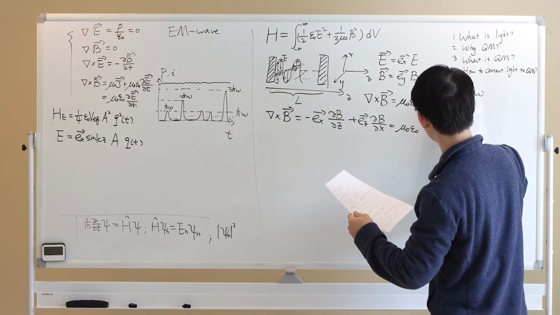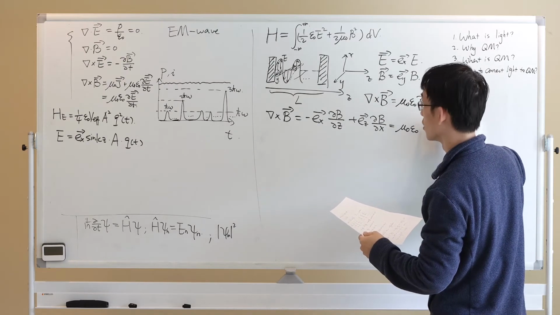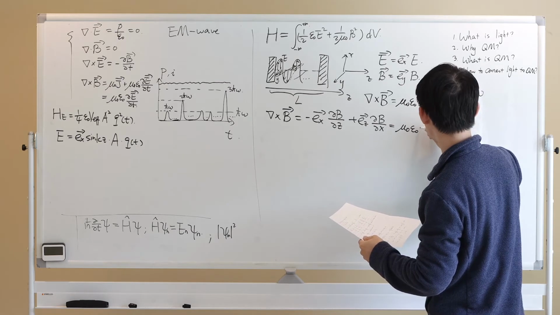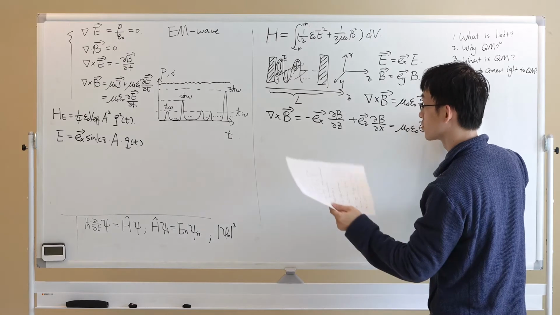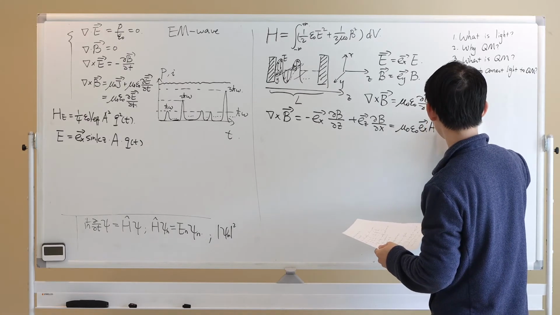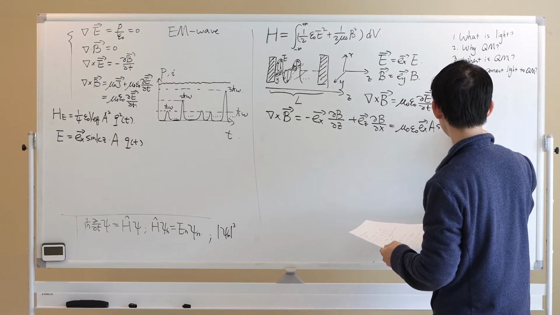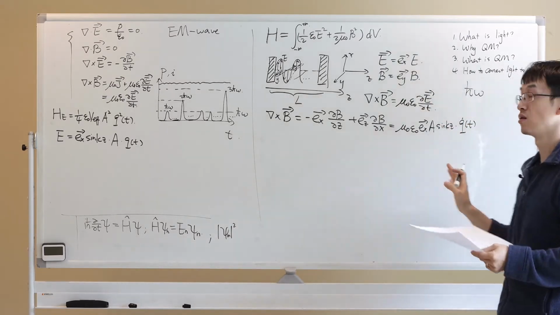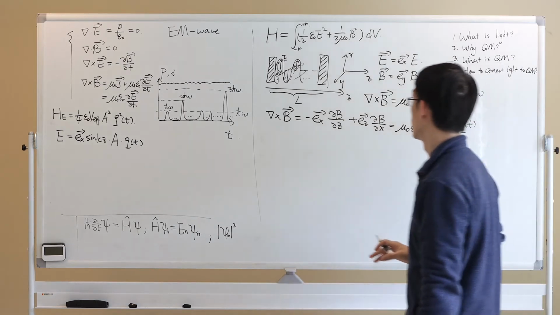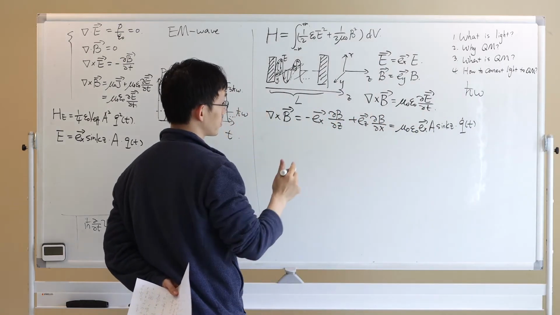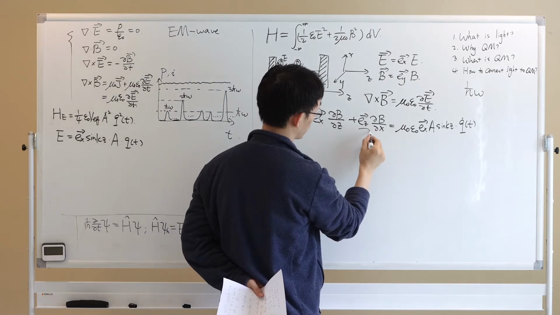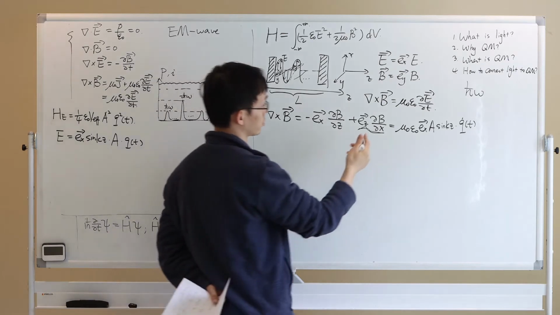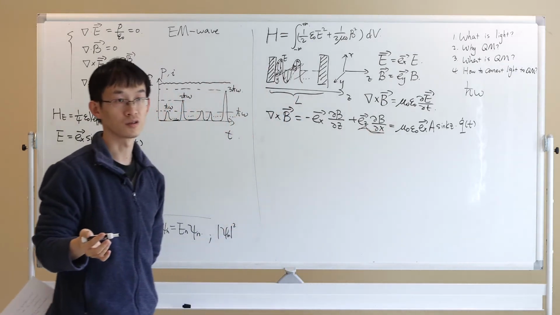So this one equals a sine kz q dot t. Q dot here means time derivative, and you can see that first of all, this one doesn't really matter because there's no z components, so you see that partial b partial x goes to 0.